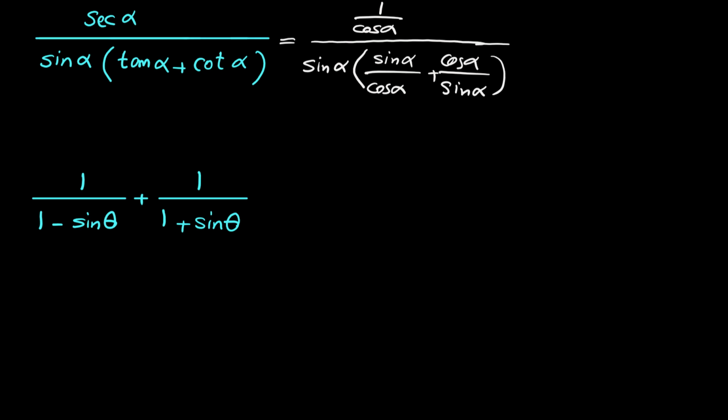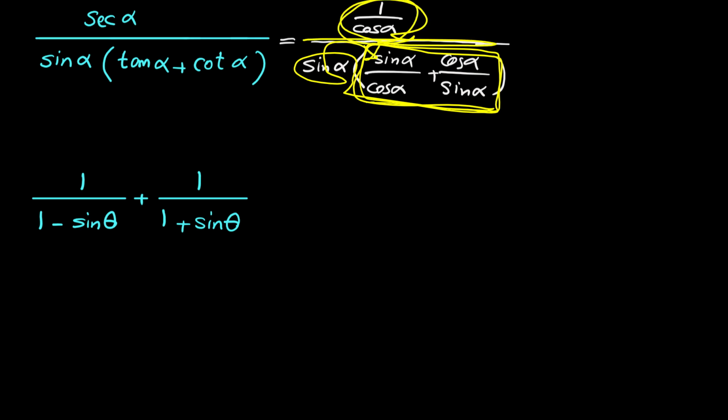Now how can we simplify this expression? Of course, there are different ways. For example, maybe you are thinking to add these two to each other with a common denominator, then multiply sine in the bracket, then do the division.